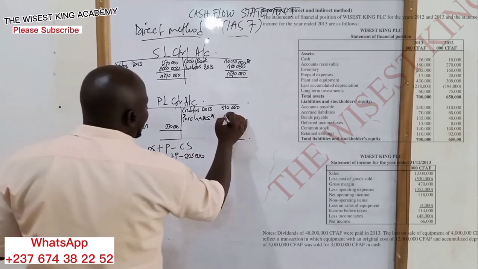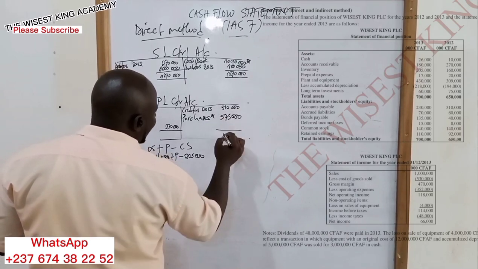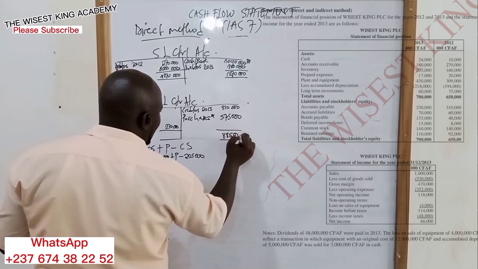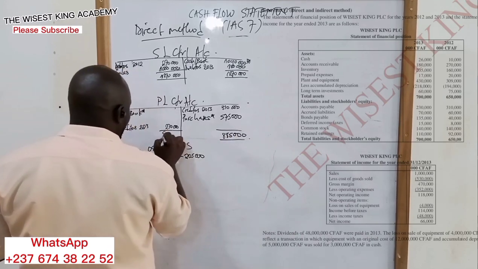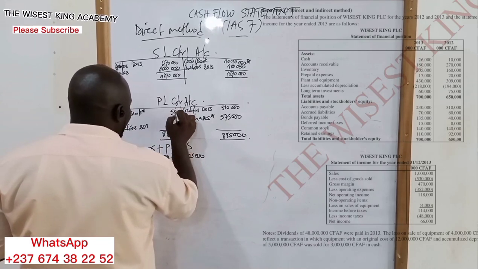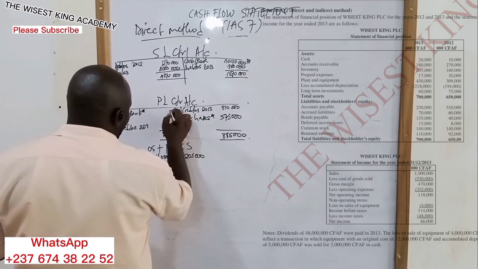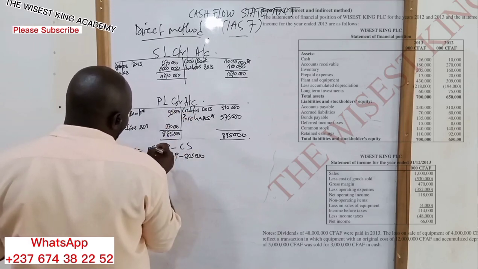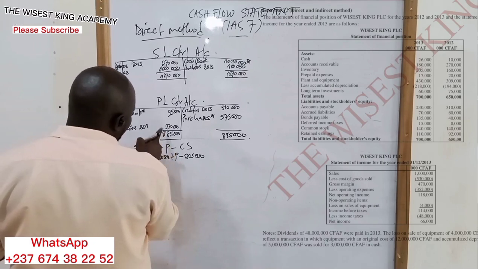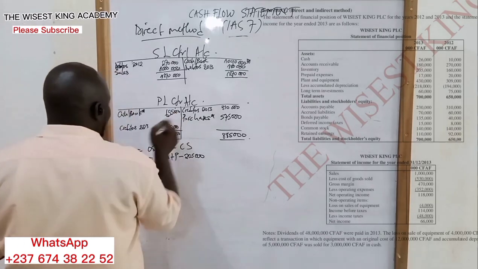So we come here, 575,000. If we add all of this, we are going to have 885,000. So I'm going to have a 5,000 here, a 5 here, and a 6 here. 655,000.